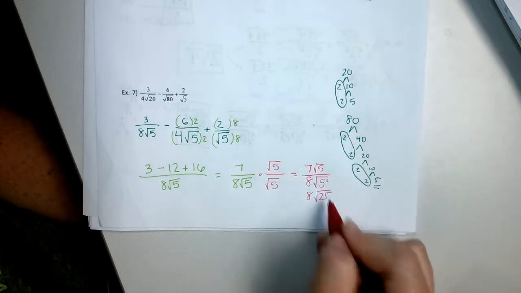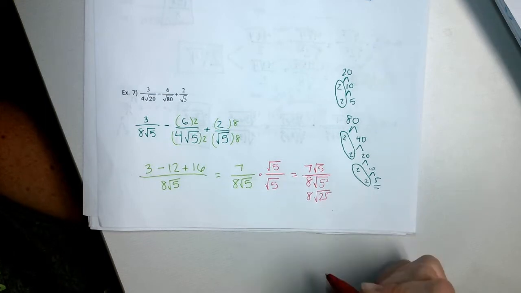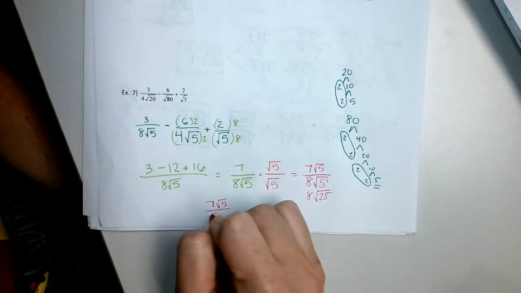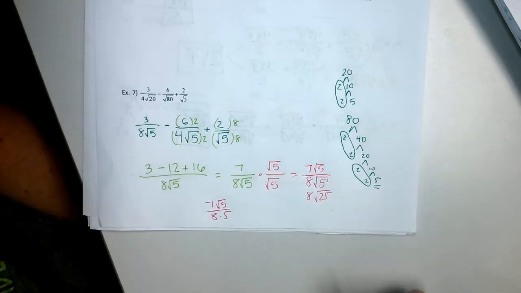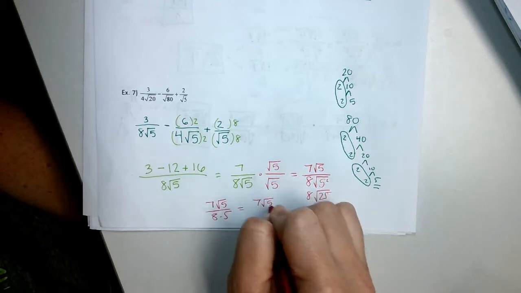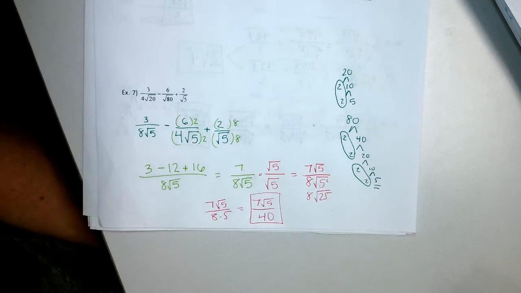Well, 5 squared is 25, but what is the square root of 25, or the square root of 5 squared? 5. So we end up with 7 root 5 over 8 times 5. What's 8 times 5? 40. 7 over 40 does not simplify, so that's your answer.